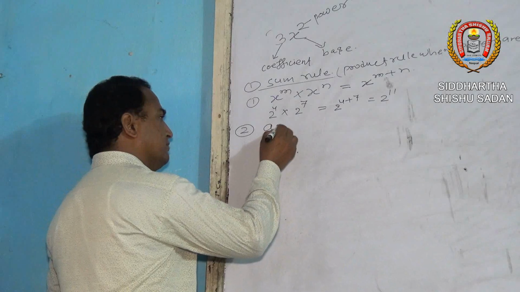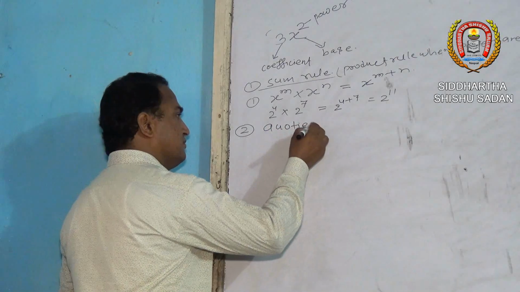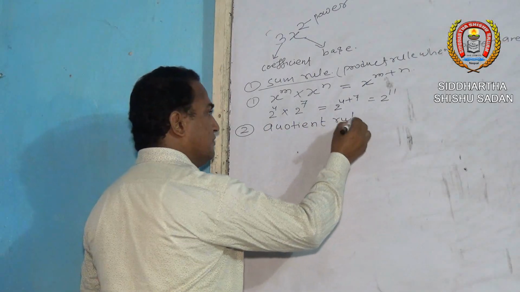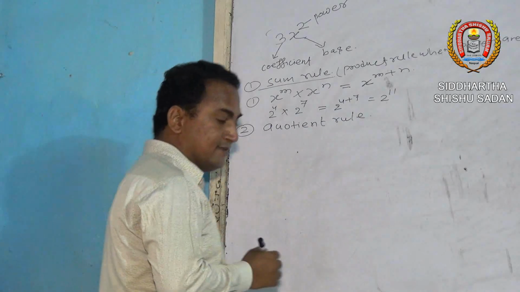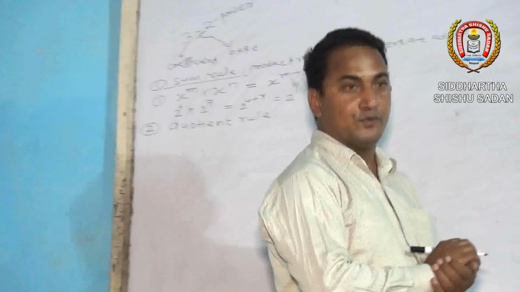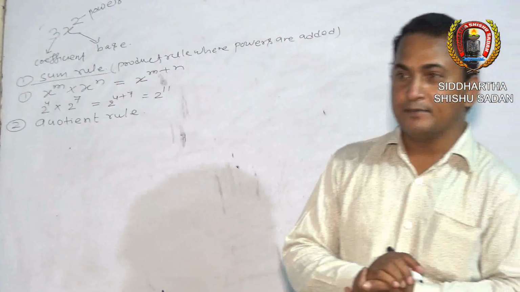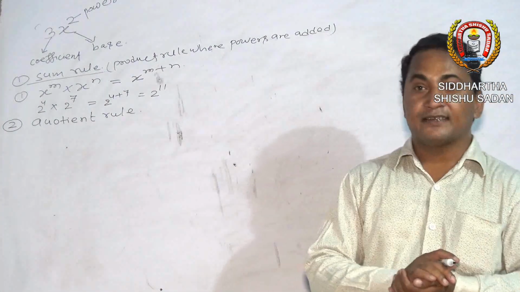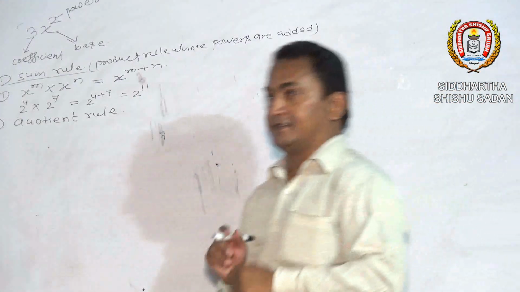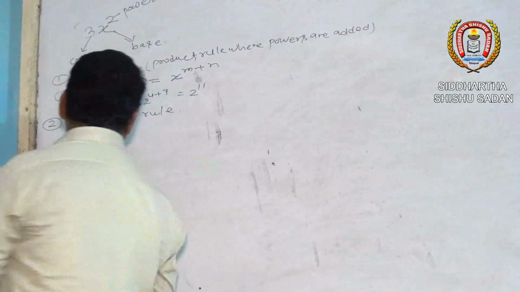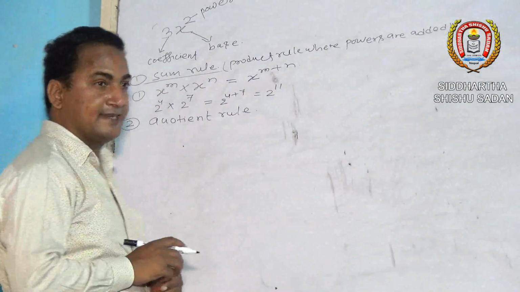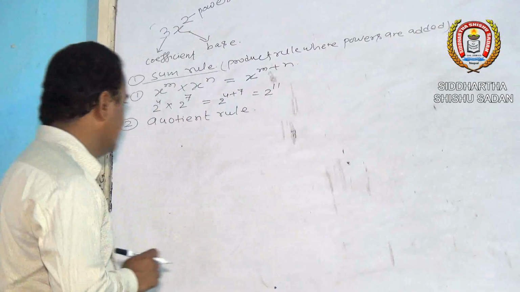Next is the quotient rule. When the bases are the same, then the powers are subtracted in division. Look here.